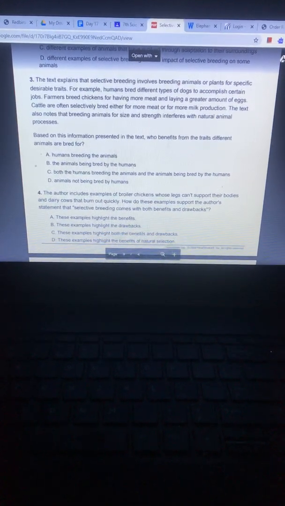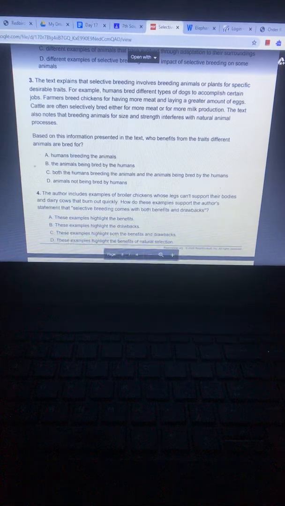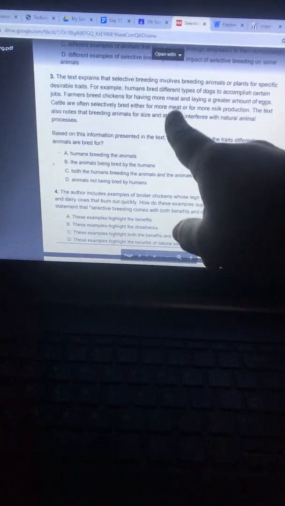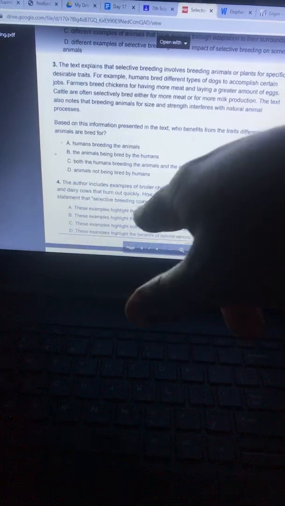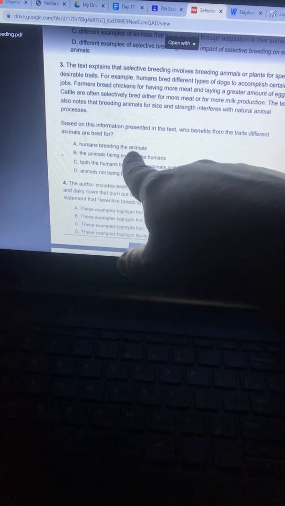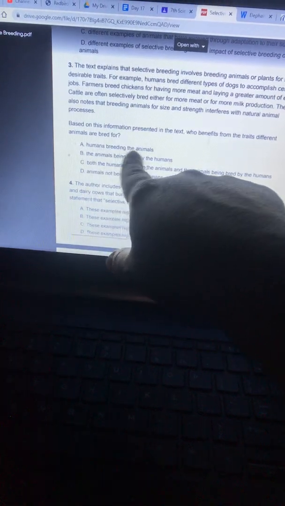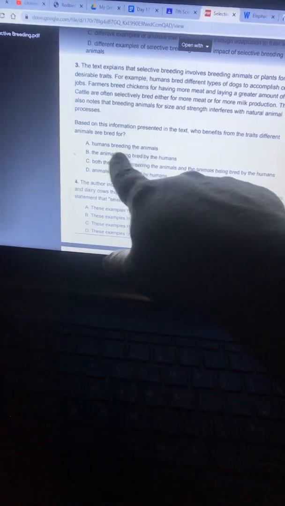Okay, so based on this information in the text, who benefits from the traits different animals are bred for? So who benefits from more eggs, more meat, jobs that dogs do, more milk, more meat? Who benefits from traits different animals? Humans breeding the animals, so humans benefit.